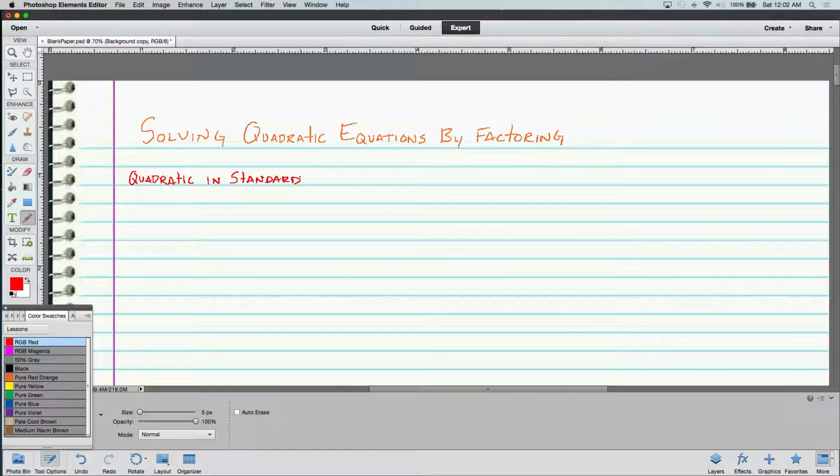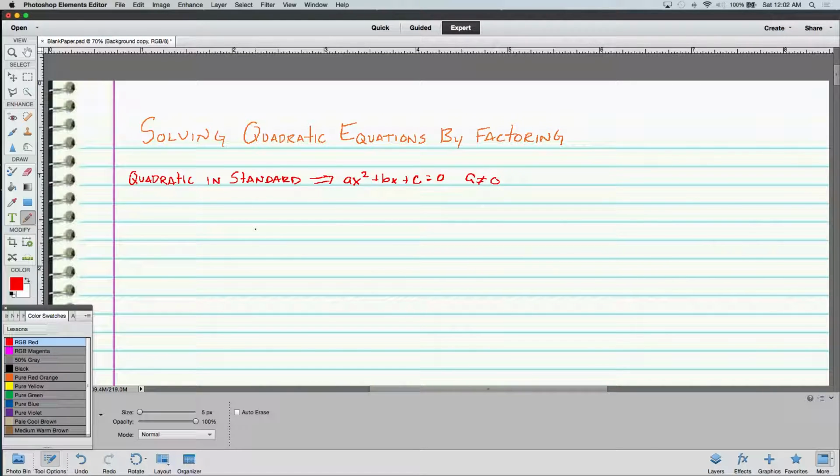When we solve quadratic equations, we're going to want to put it in this standard form because all of the equations that we're going to use are going to be used from this standard form. So the standard form looks like ax squared plus bx plus c equals 0, where a does not equal 0.